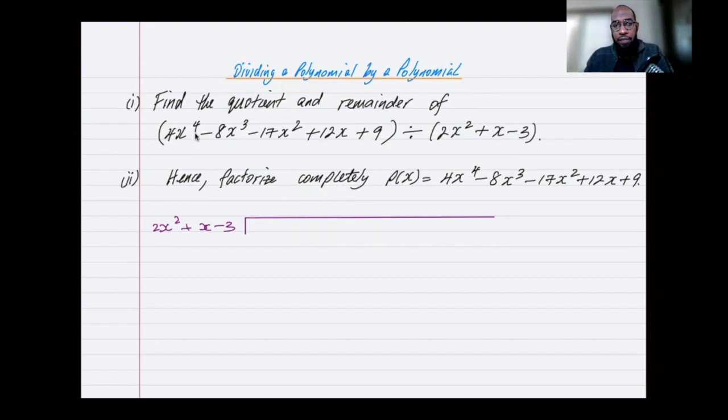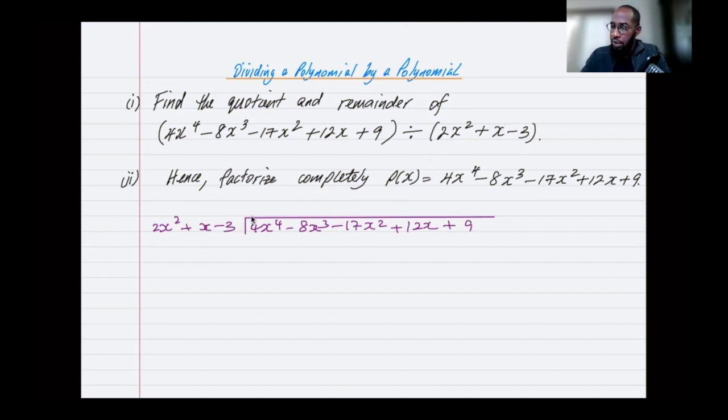And we have this expression inside here, 4x to the power 4 minus 8x cubed minus 17x squared plus 12x plus 9. All right, so we have everything inside of here. That's to verify 2x squared plus x minus 3. I'd have that there.